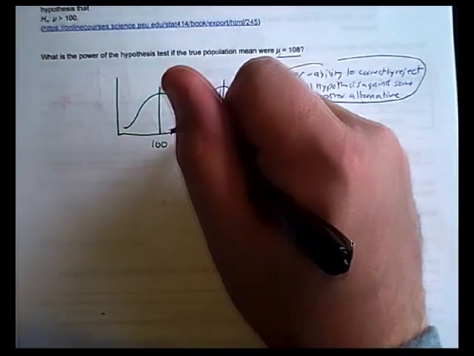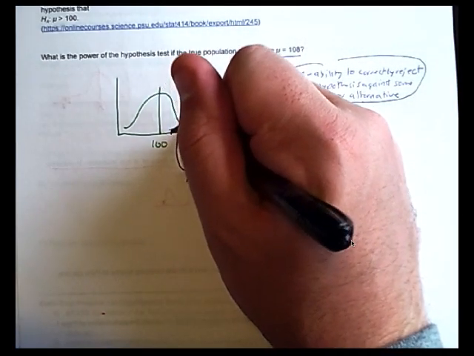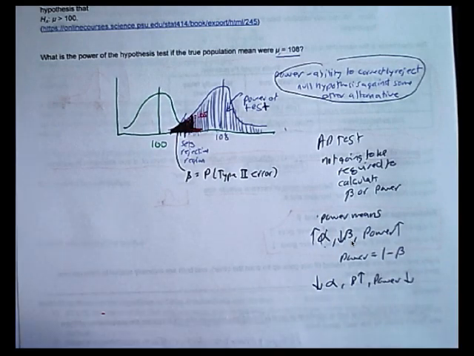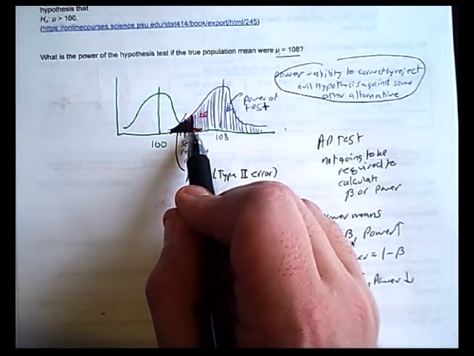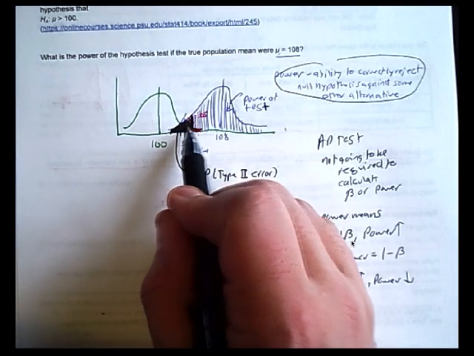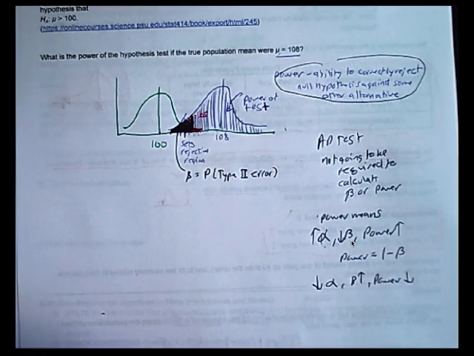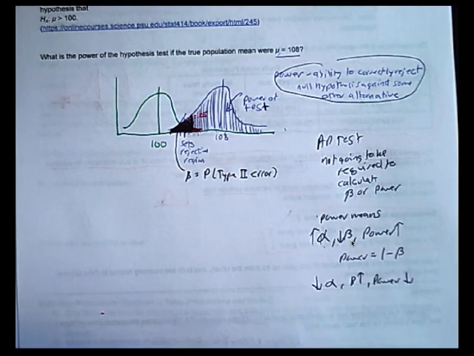So if alpha shrinks, we got a bigger black, we got less blue. And vice versa. If alpha is expanded, that red part gets moved further, less black part, more blue part. So that's what we're doing. We will do an example just so you can understand that better.